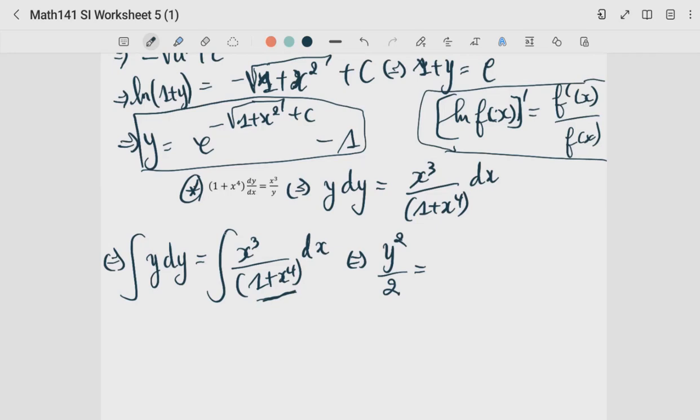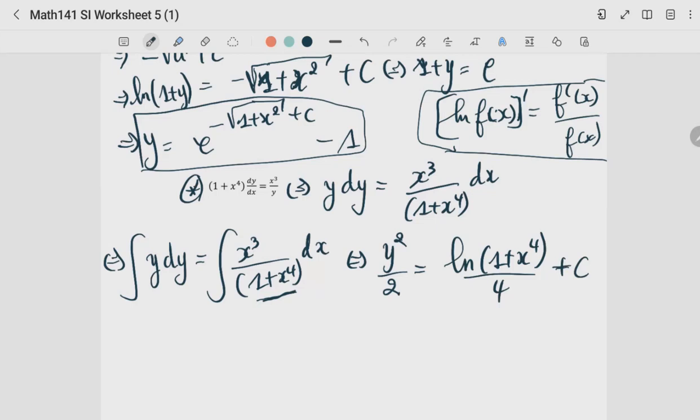So what that means is that the integral of x cubed over 1 plus x to the 4 is ln of 1 plus x to the 4. But you can see that when you differentiate 1 plus x to the 4, you're supposed to have a 4x cubed. There's no 4 in our numerator here. So to compensate for that, we divide by 4 and then add our constant of integration, of course.